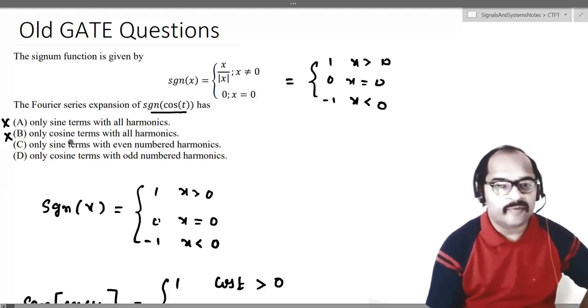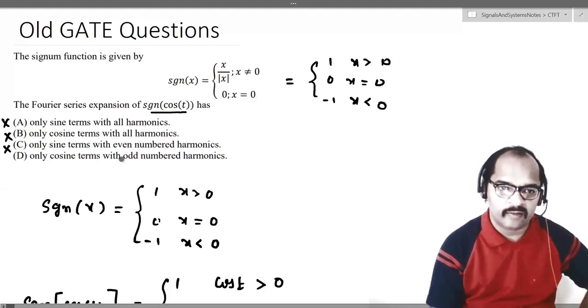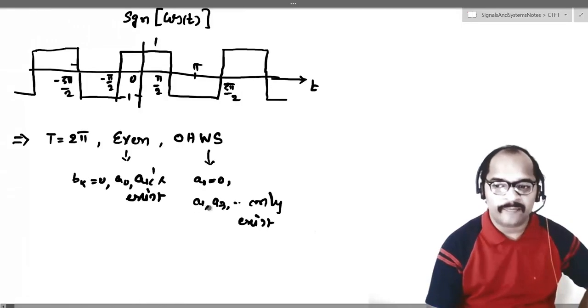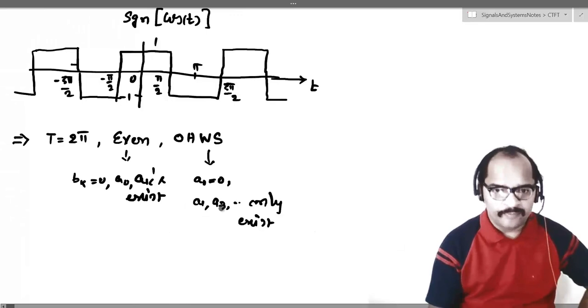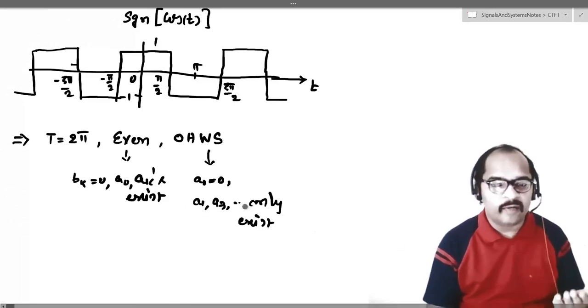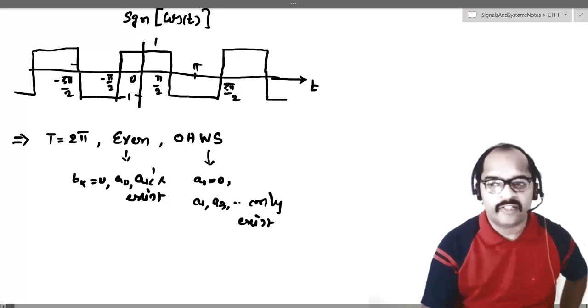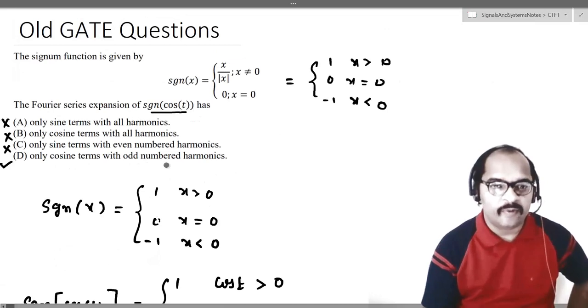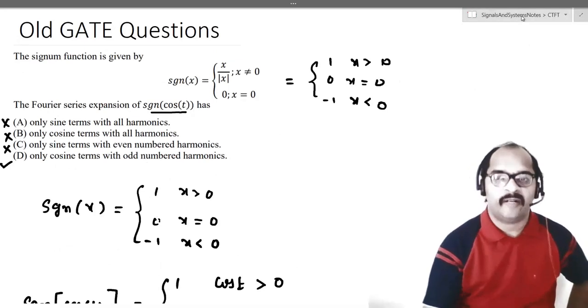Only sine terms with even numbered harmonics: that is also wrong. Only cosine terms with odd harmonics: this is right. That is what we have seen: only cosine terms a1, a3 and so on, and only odd coefficients exist. Hence the right choice is only cosine terms with odd harmonics.